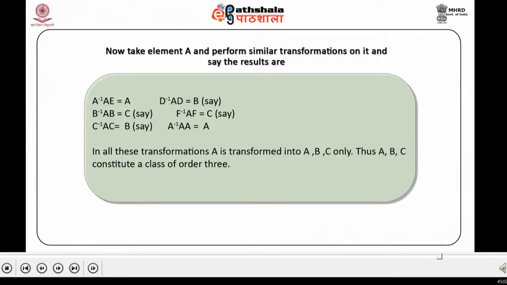The results are, say, A inverse AE equals A, B inverse AB equals C, C inverse AC equals B, D inverse AD equals B, F inverse AF equals C, A inverse AA equals A. In all these transformations, A is transformed into A, B, C only. Thus, A, B, C constitute a class of order 3.